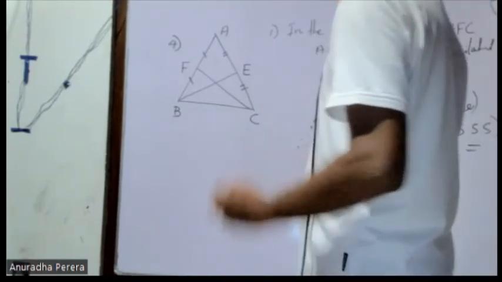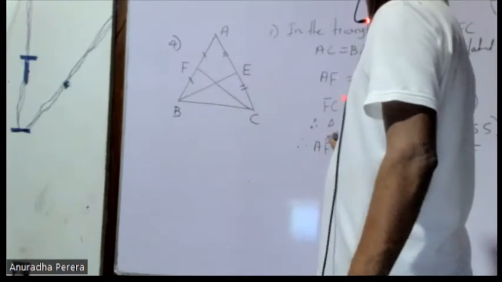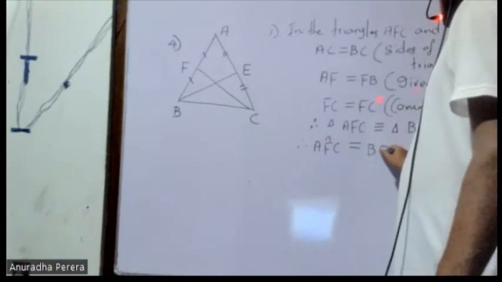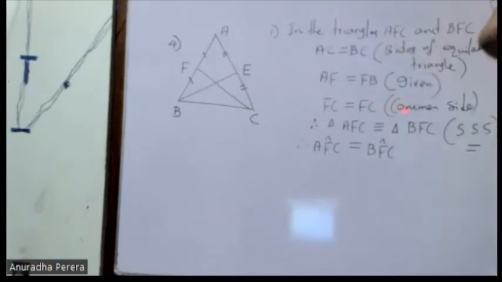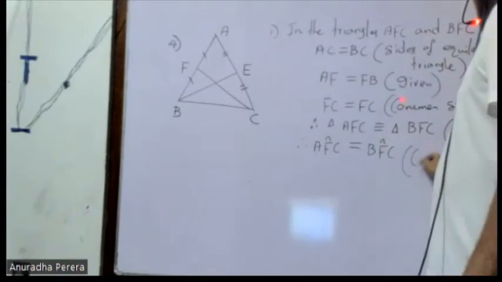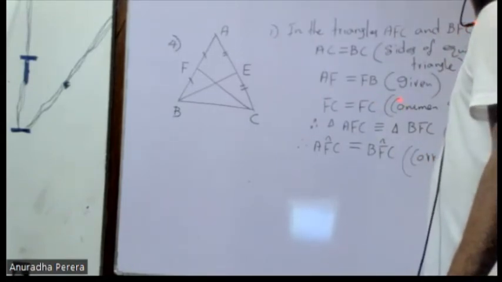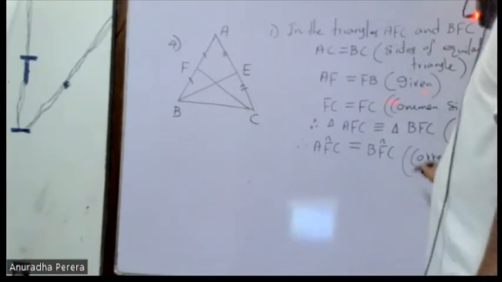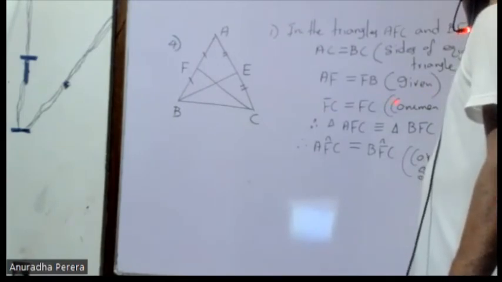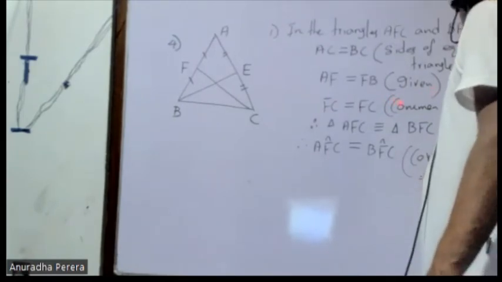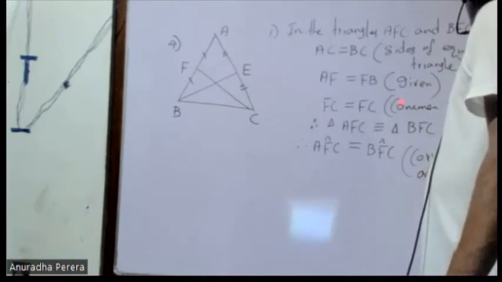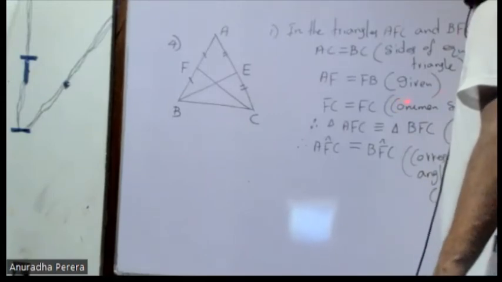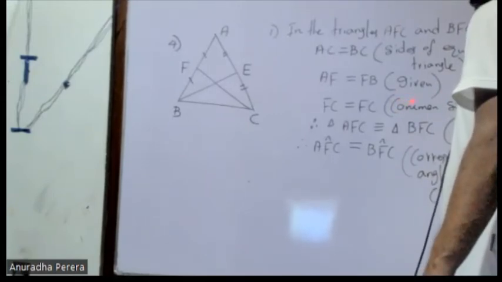Therefore, you can say AFC equals BFC, corresponding angles of congruent triangles.